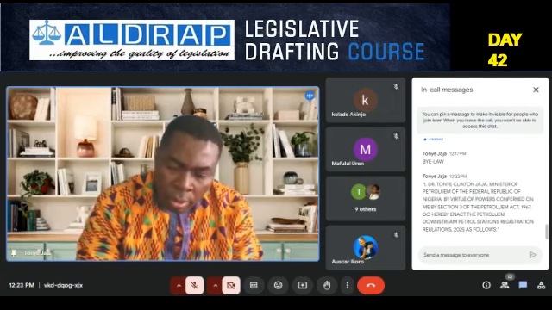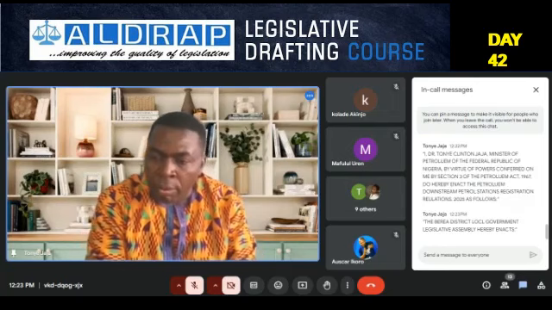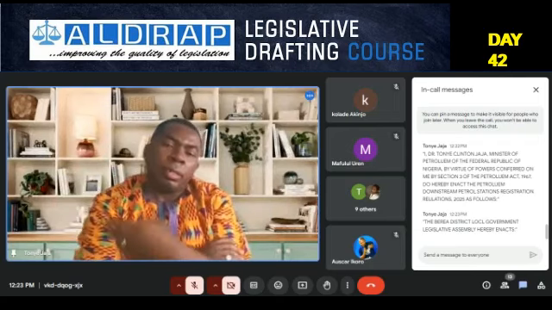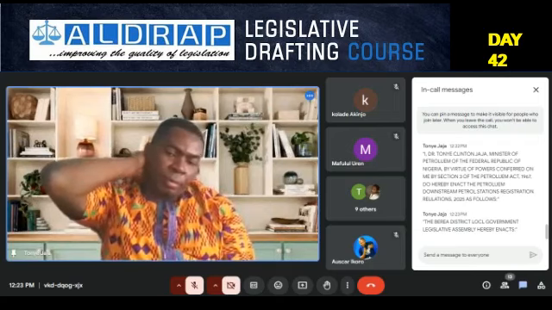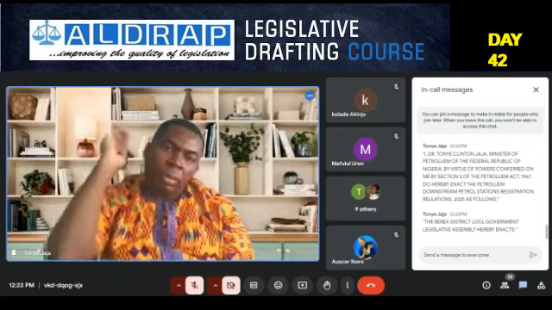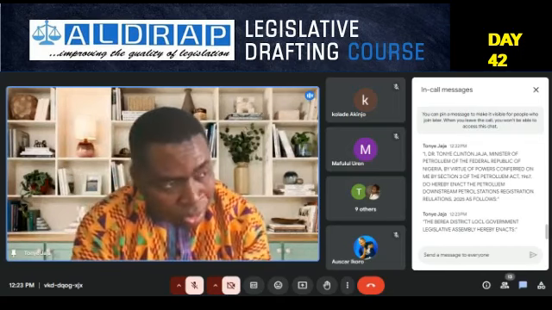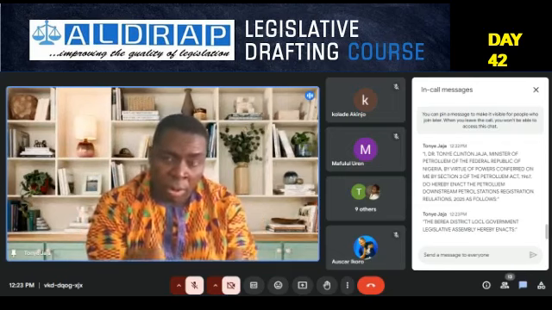So this is it. For when a local government is made up of democratically elected persons. Now in Nigeria, the Constitution, Section 7, there's a requirement.